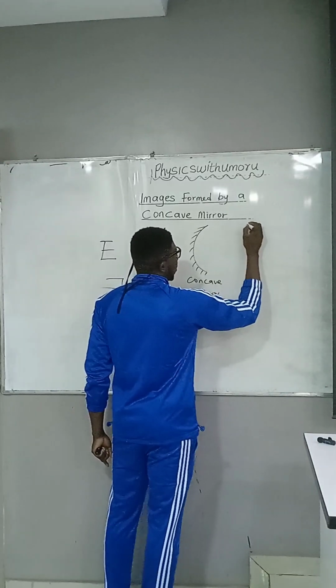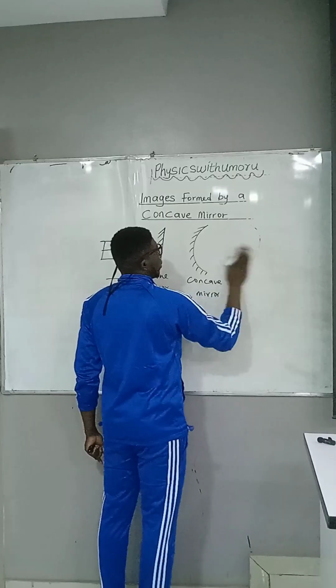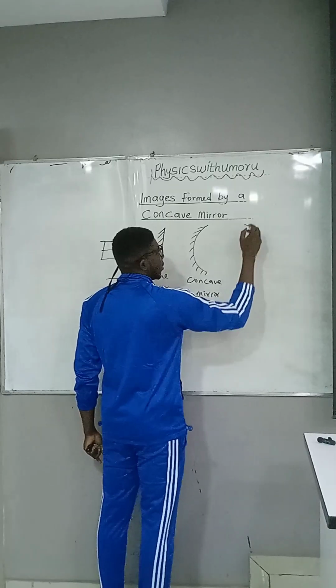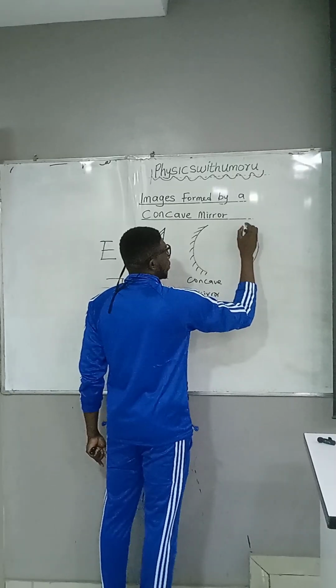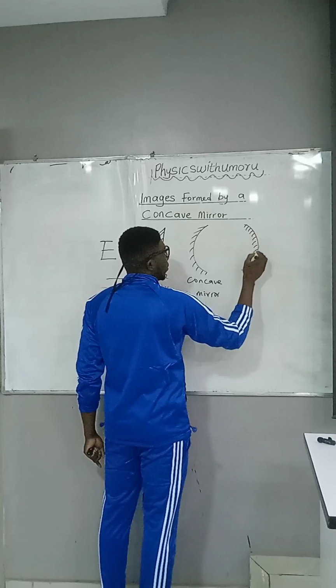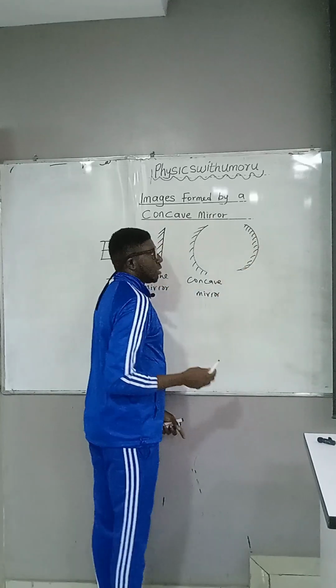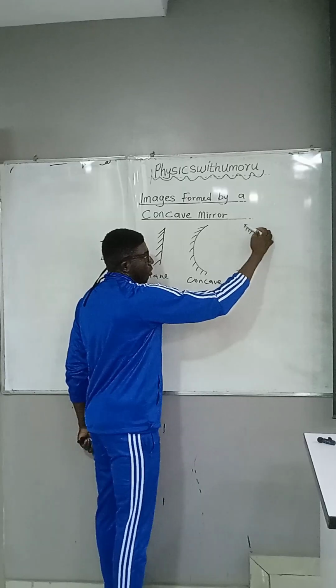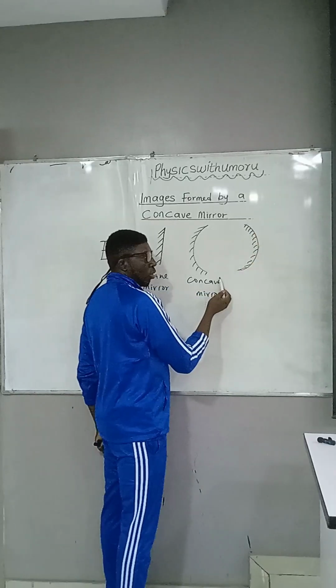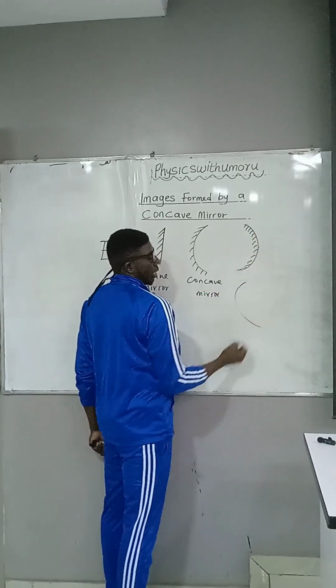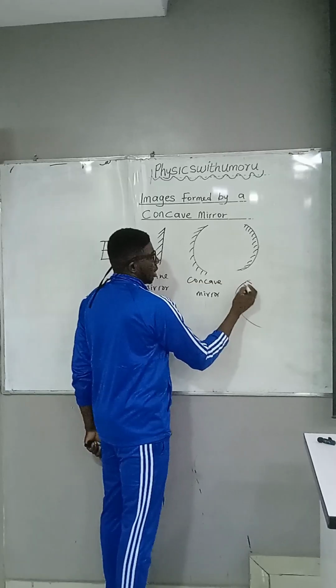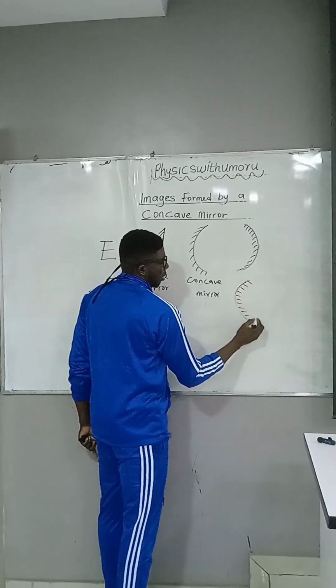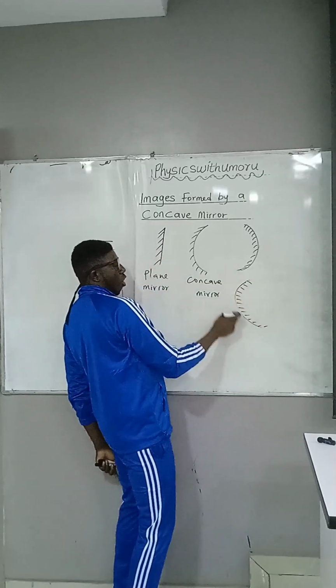And this one, you see that the unshaded part, that is the front of the mirror, curves outward. I can still draw it this way, but you notice that here will be the shaded part, and the unshaded part will curve outward.